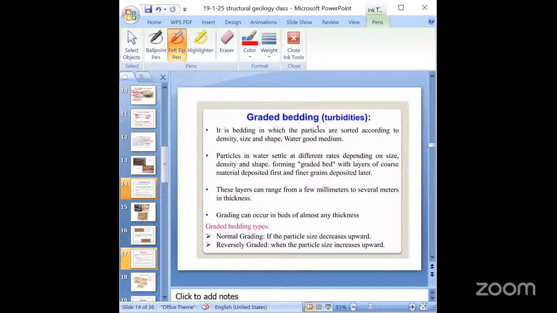Each layer of sediment in a graded bed contains a variety of grains, both coarse and fine, but the mean size of the grains gradually decreases upward. A graded bed comprises one set of coarse to fine beds. Normally it ranges from a few centimeters to several meters in thickness, and the total thickness can be up to many hundreds of meters.